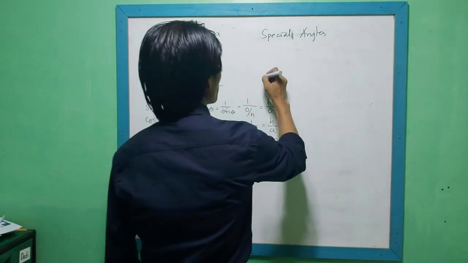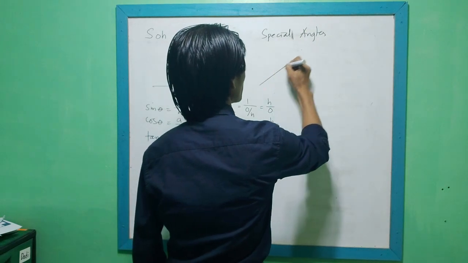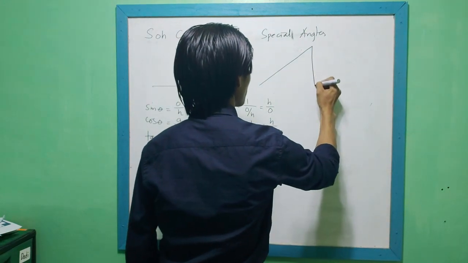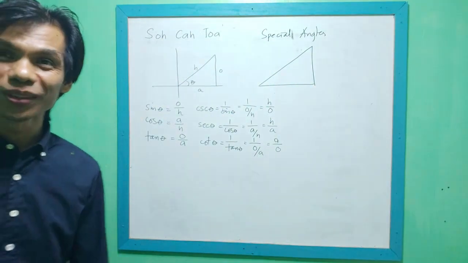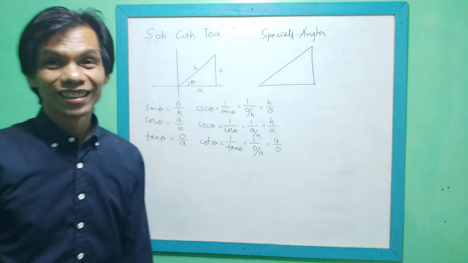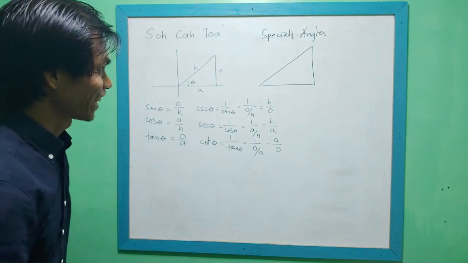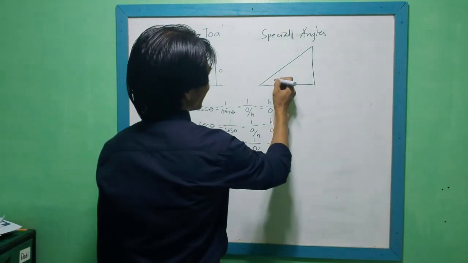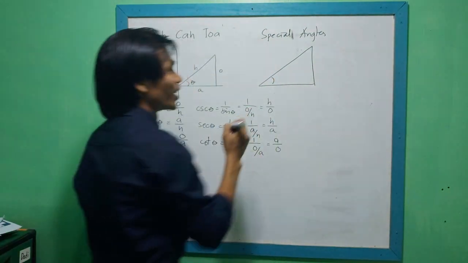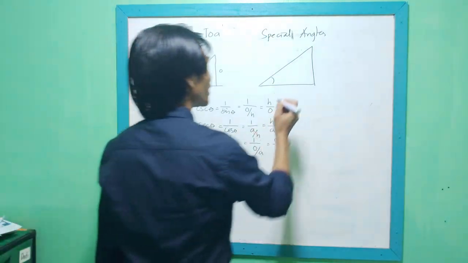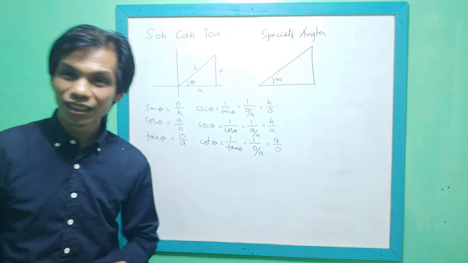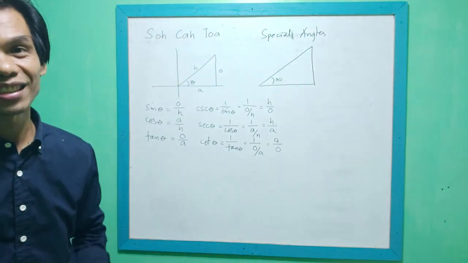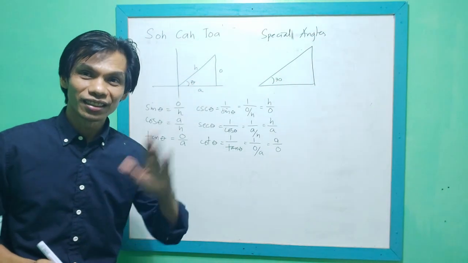Ito bibigyan ko kayo ng idea. Ayan. Okay? Maganda ba yung drawing ko? Okay. Kunyari maganda. At tama. So, halimbawa, eto, 30 degrees, etong triangle na to. Ilang degrees nga yung internal angles ng isang triangle? 180 degrees.